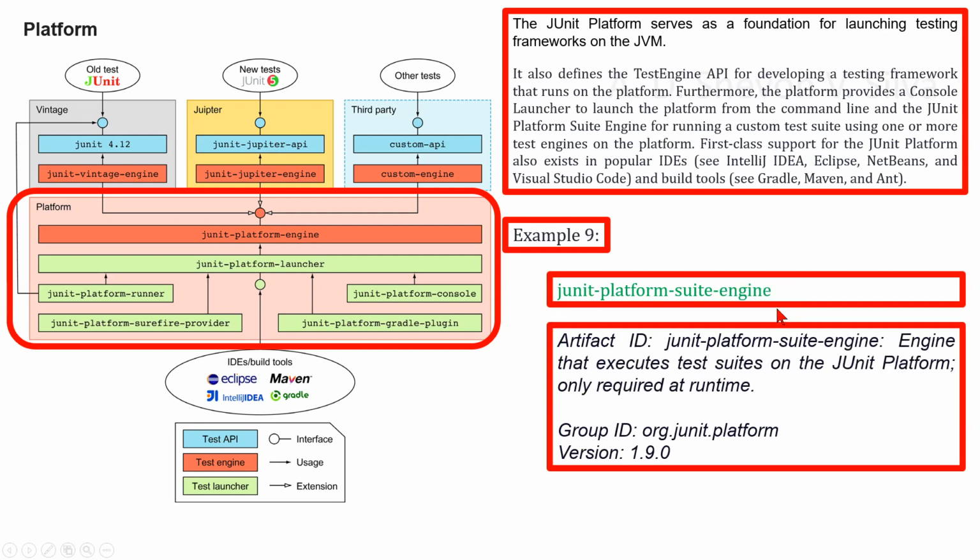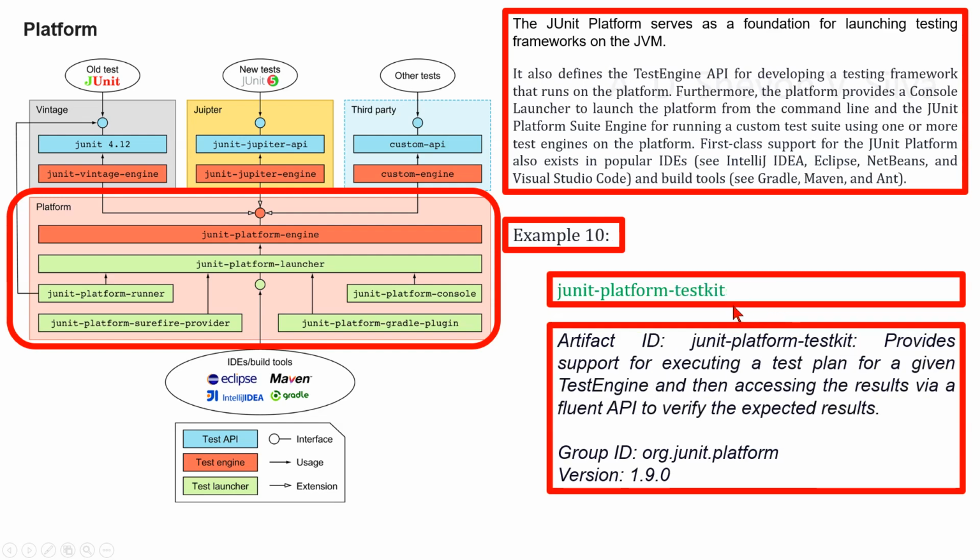As an example 9, we can consider artifact ID JUnit platform suite engine. Engine that executes test suites on the JUnit platform, only required at runtime. This is in the group ID org.junit.platform.